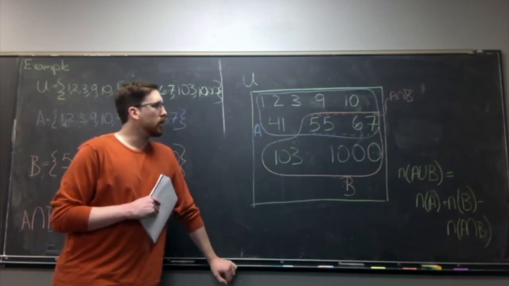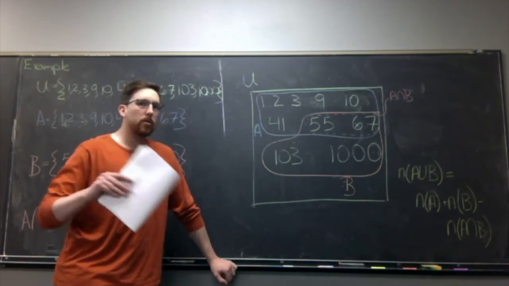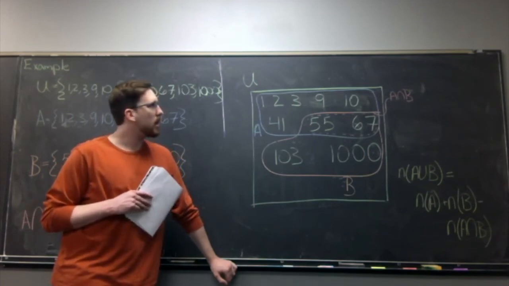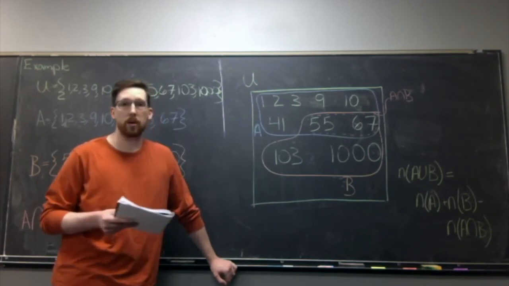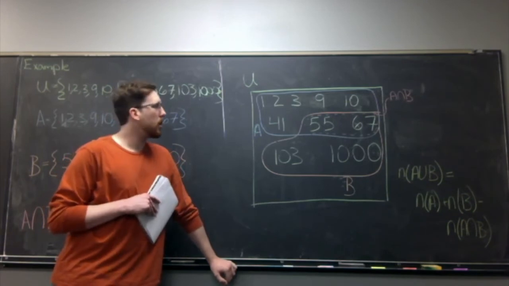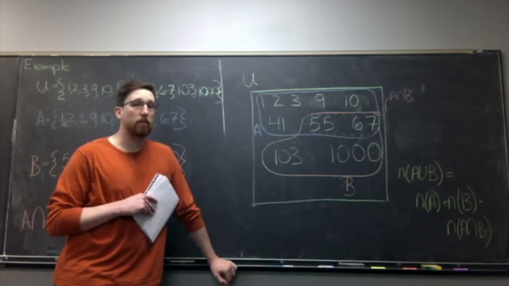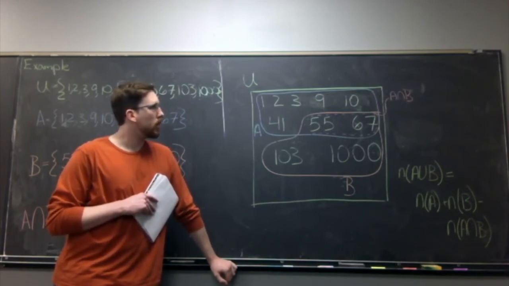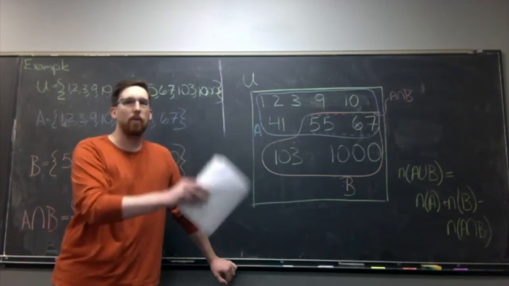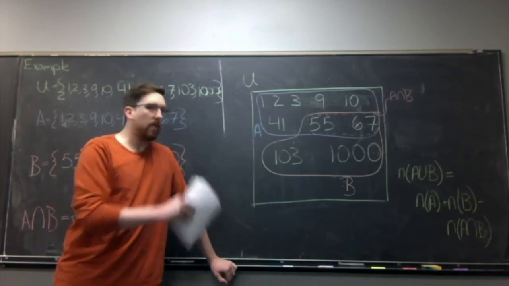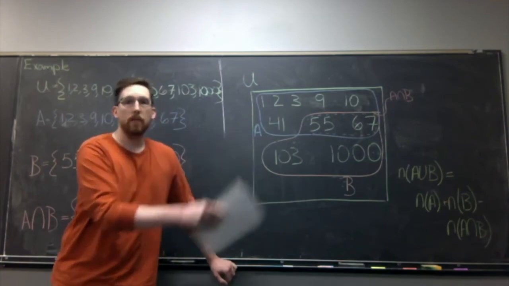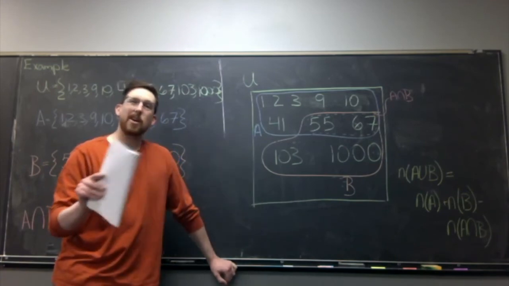Cool. And also notice, if I wanted to say, take the union of A and B, and I wanted to know how many elements there were going to be, I might be tempted to say, well, just count them all, everything in A, and count all the elements in B, and add those together. But that's not quite right.